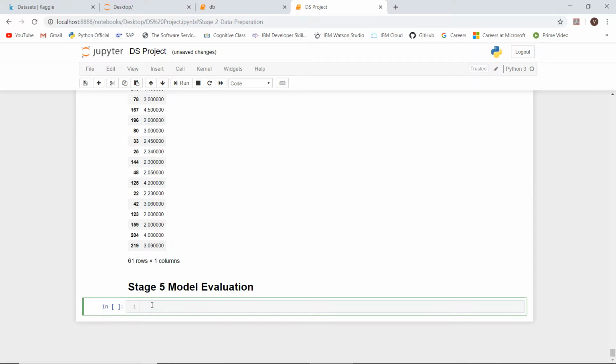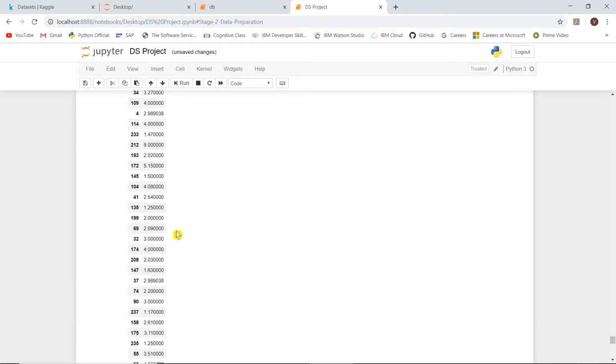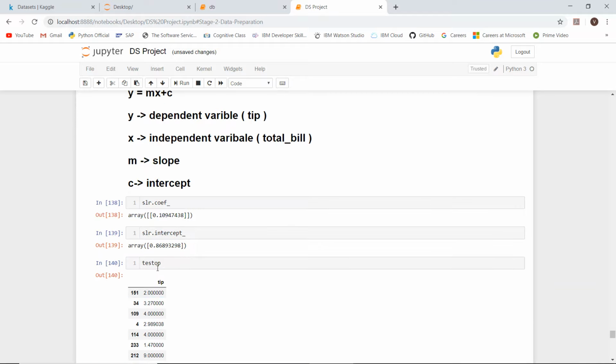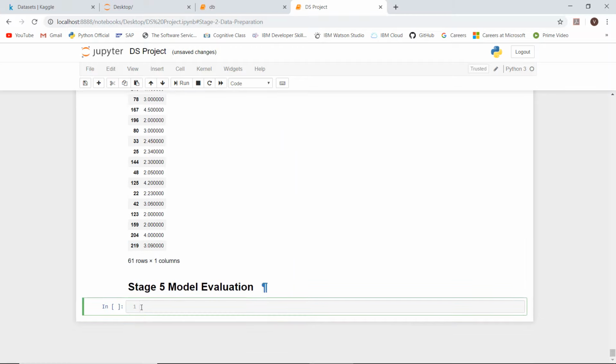Now let us put the predictions and the actuals in a data frame, so that side by side it is visibly good to see. DataFrame of predictions, comma, columns equal to predictions. Let us assign it to some variable x here and run it.